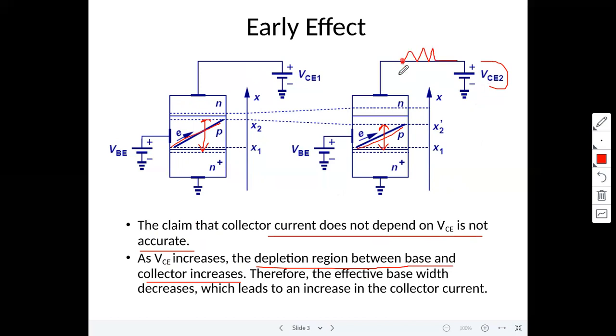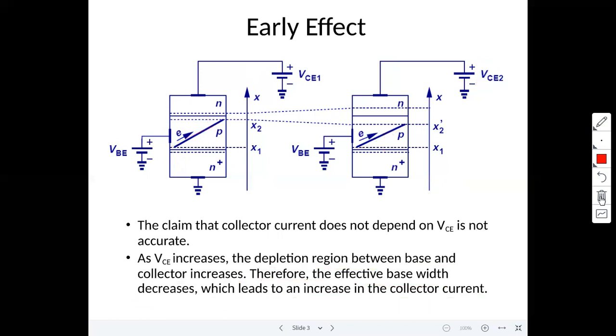Now actually this is the collector and this is the base. Anyhow, the collector to base voltage also depends upon VCE. As VCE increases, the depletion region between base and collector increases. Therefore, the effective base width decreases, which leads to an increase in the collector current.